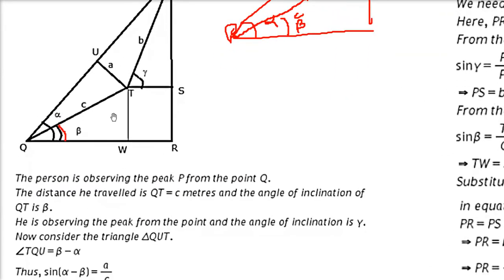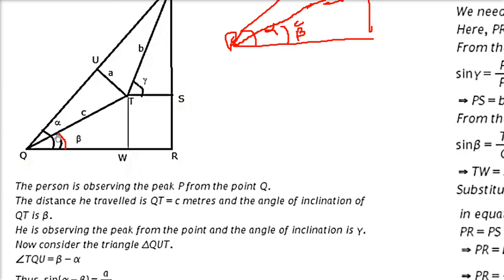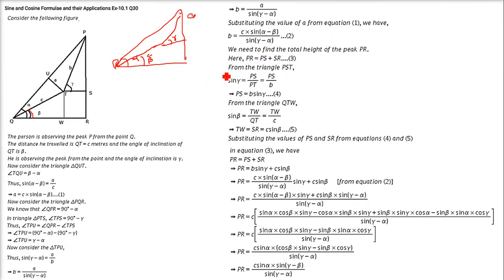First of all, take TQU. If you assume the total to be alpha, and this is beta, what will this one be? This will be alpha minus beta.